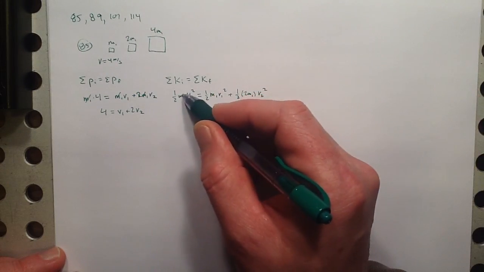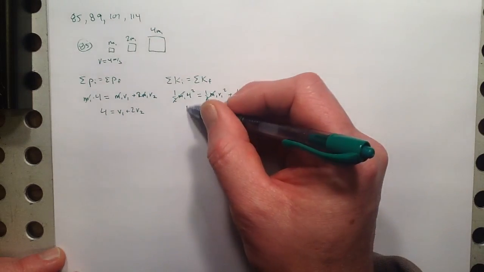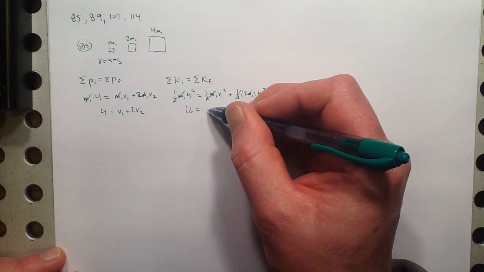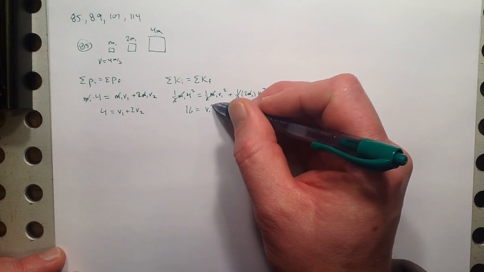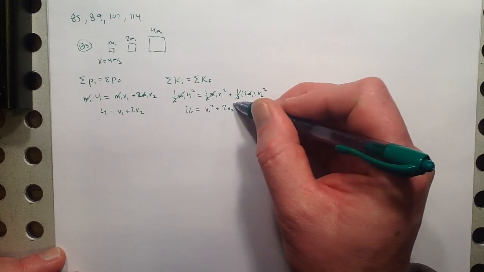Let's go ahead and cancel out the 1/2 m1s. So I end up with 16 is equal to v1 squared plus 2 v2 squared.